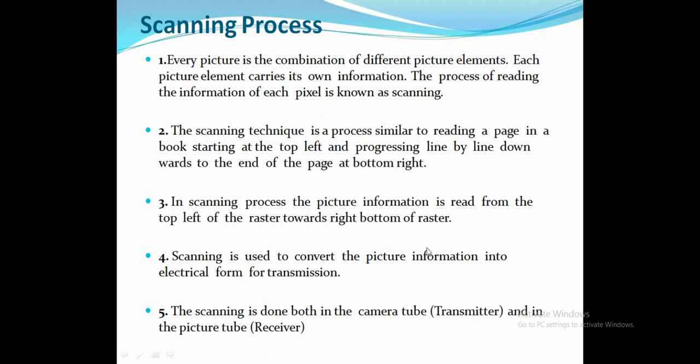For example, if you want to read a textbook, you start from the top left. After completing one line, you go to the second line, then the third line, continuing up to the end of the page. Scanning works the same way.